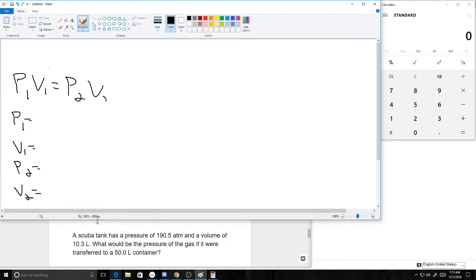Alright, so starting off with, a scuba tank has a pressure of 190.5 atmospheres. That's our starting pressure. That's going to be our P1, so 190.5 atmospheres. And a volume of 10.3 liters. So that's our V1.